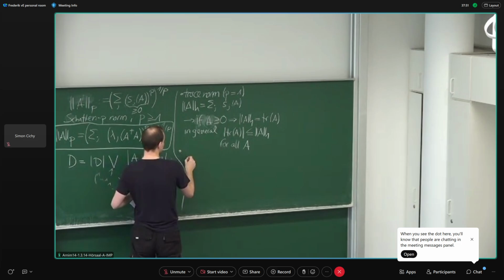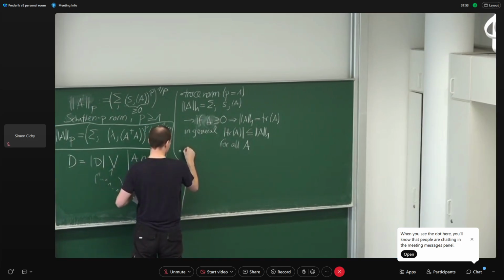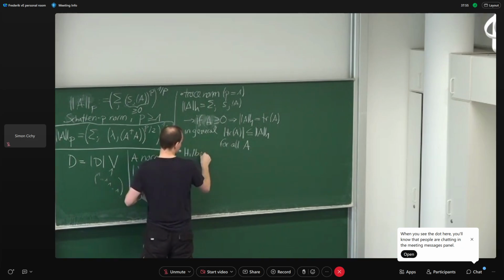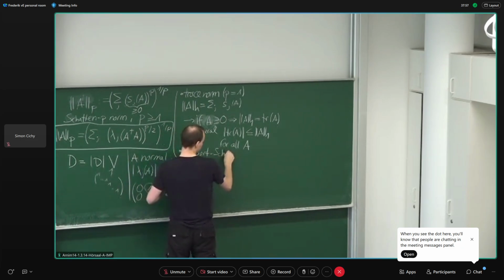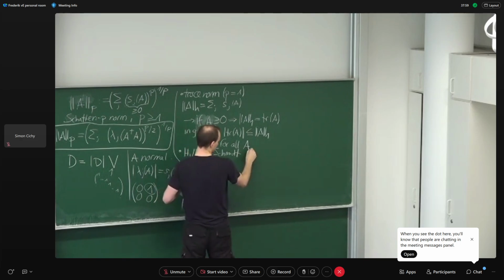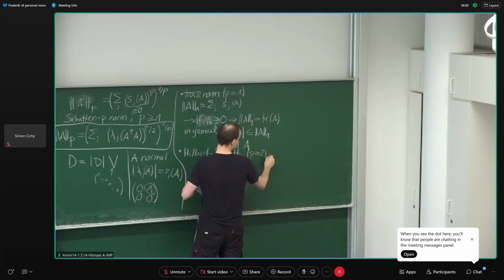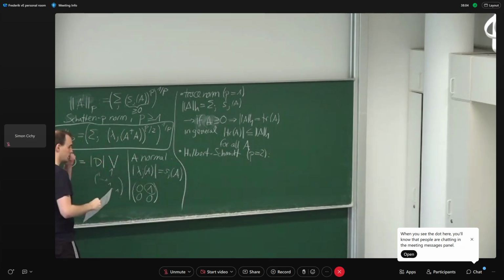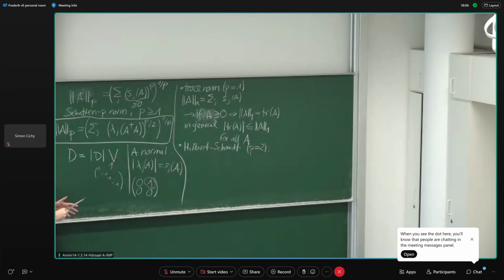Okay, then the second one is the Hilbert-Schmidt norm. That's the case p equals 2. The reason this norm is usually considered, among many reasons, is that it is induced by an inner product.